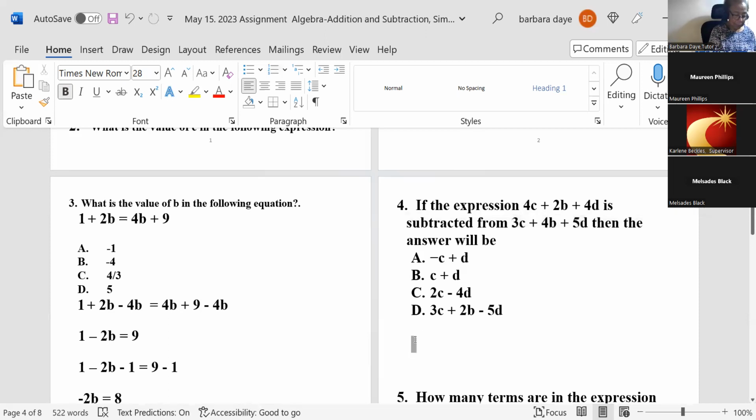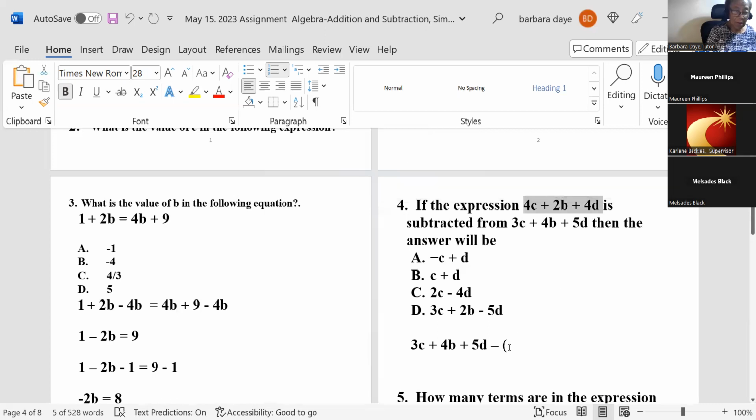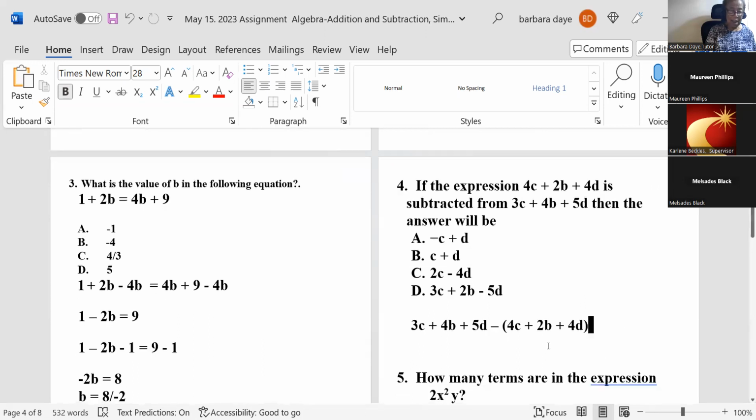Now, we're subtracting this expression from this one, so this would be minus, and let's put this expression in parentheses. This is the horizontal method, where you go 3c minus 4c, 4b minus 2b, 5d minus 4d.